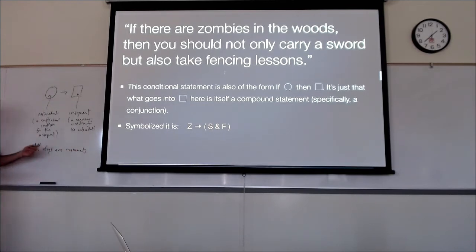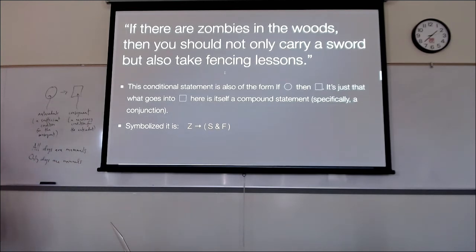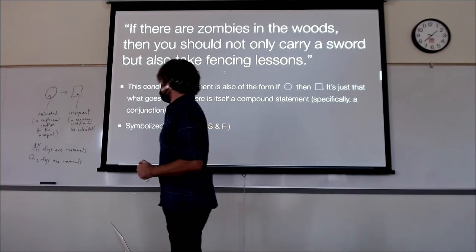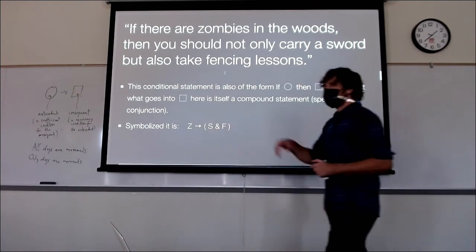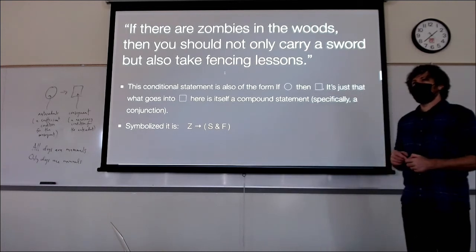So we kind of know what that means, right? But if I did something like "only dogs are mammals," I don't know if this answers your question, but you can definitely see a difference right there. Yeah. But how would you symbolize that?